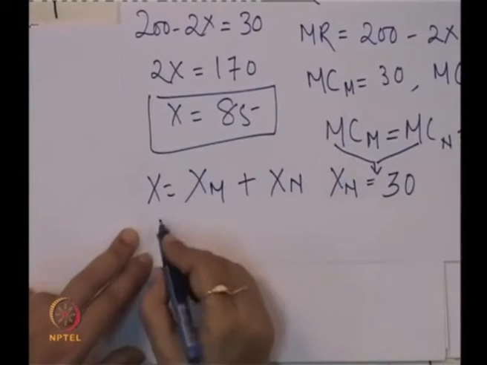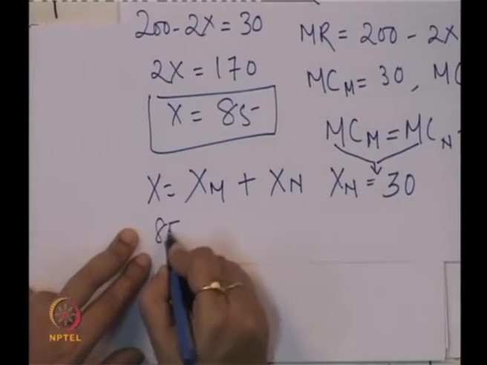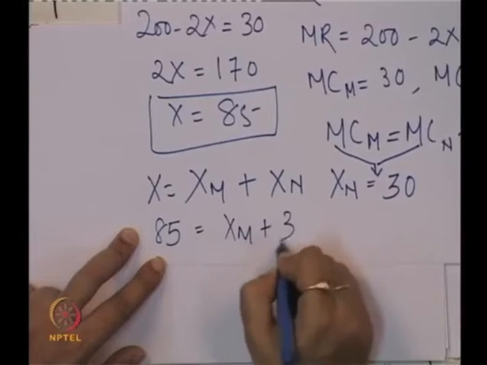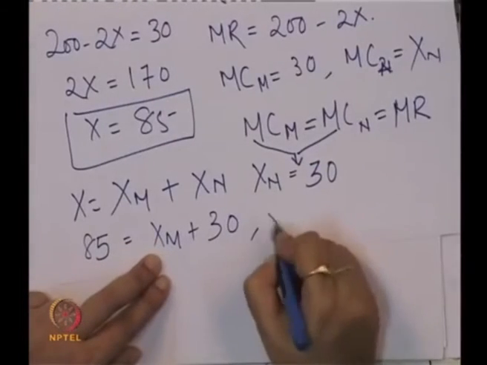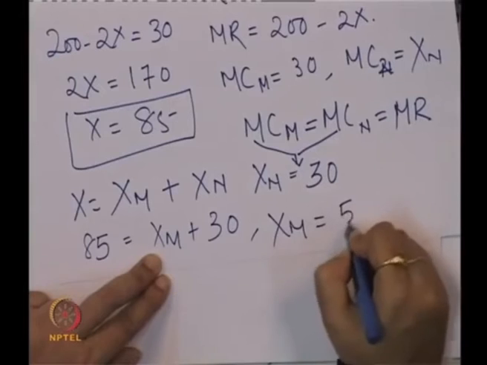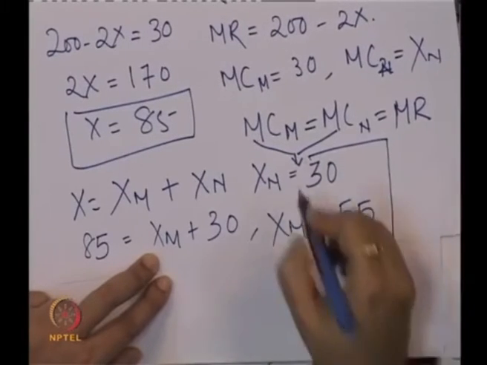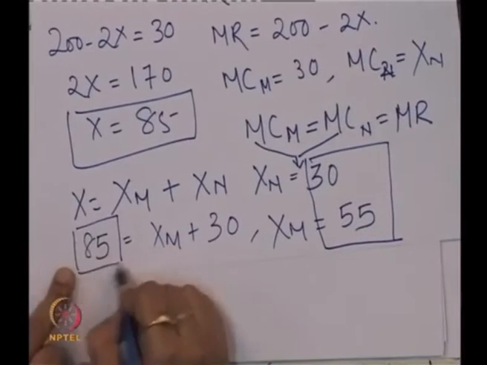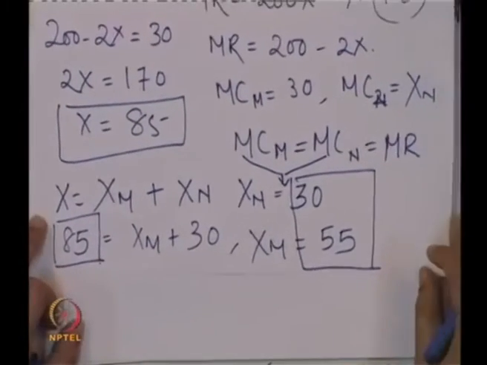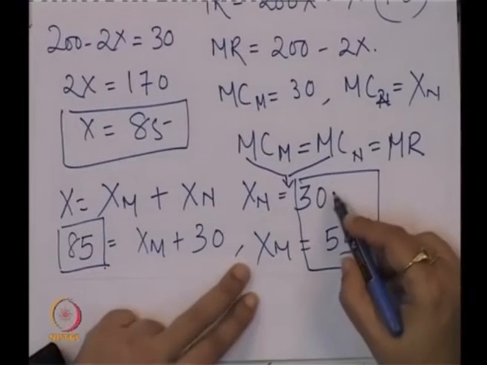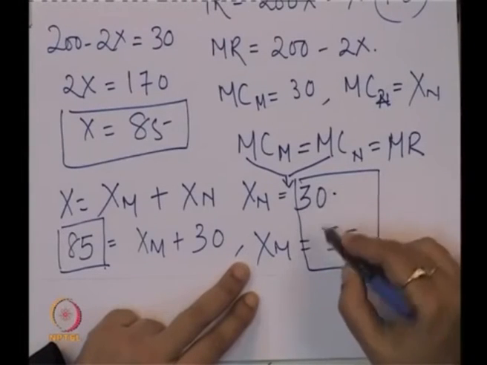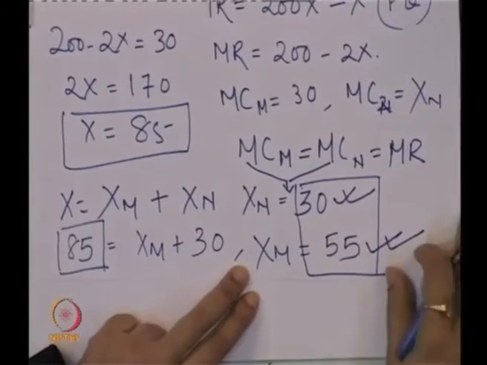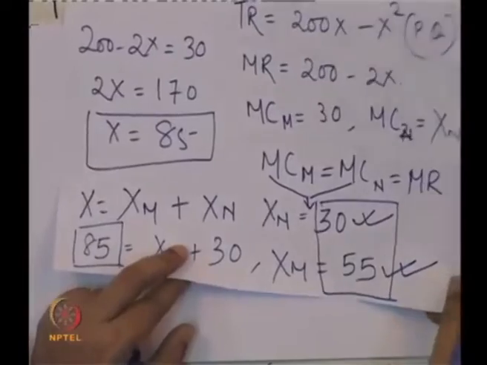So if x is 85 and xM is not known and xN is 30, then xM is equal to 55. The total output to be produced is 85, and among this, plant N has to produce 30 and plant M has to produce 55 units of output.